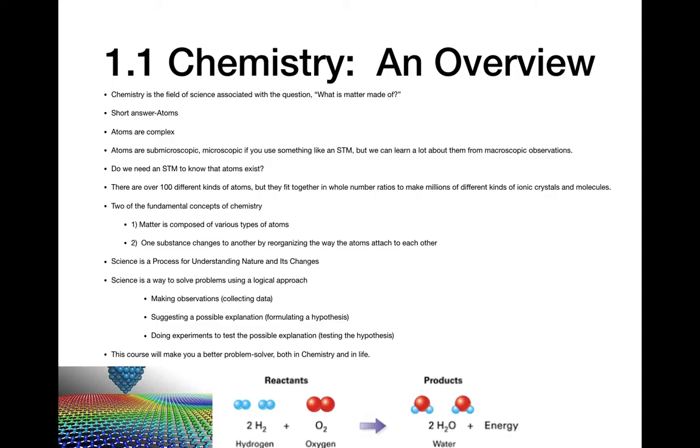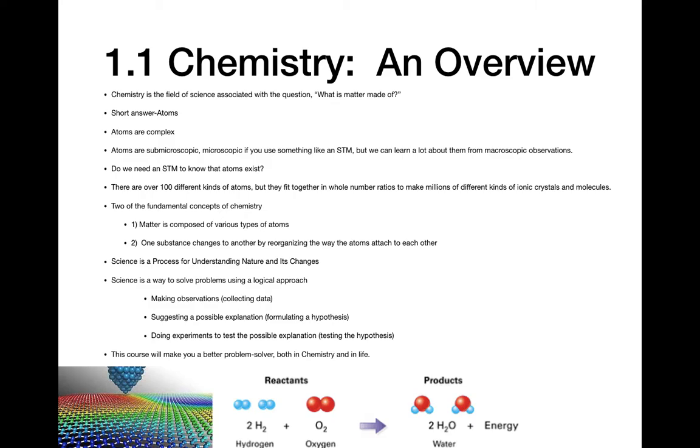Now, in the last 30 or 40 years, we have been able to get some brief, fuzzy images of atoms. One particular instrument that can see down to the atomic level, or rather feel down to the atomic level, is an STM, a scanning tunneling microscope.